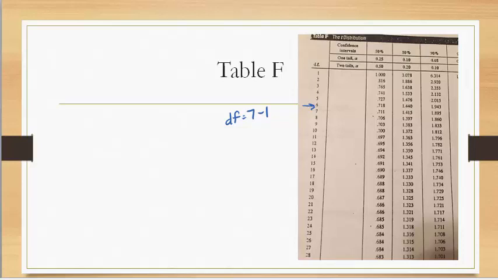And then across the top, we're going to look for the column that has as its header 99% confidence. On this screenshot of the table, I don't have that column, so I'm going to let you get your own table and look up that value.